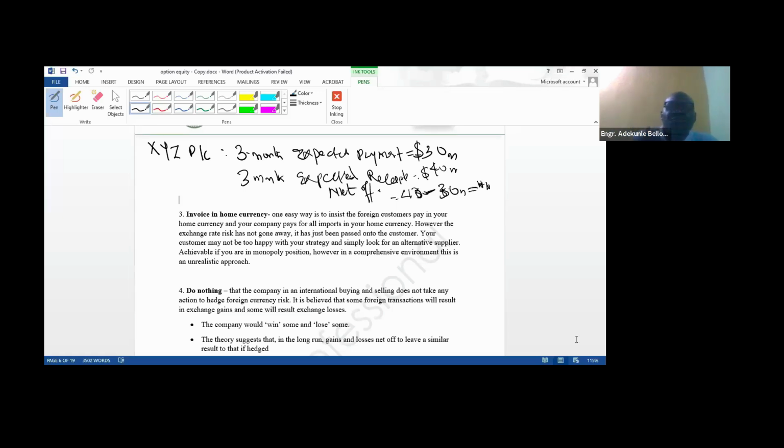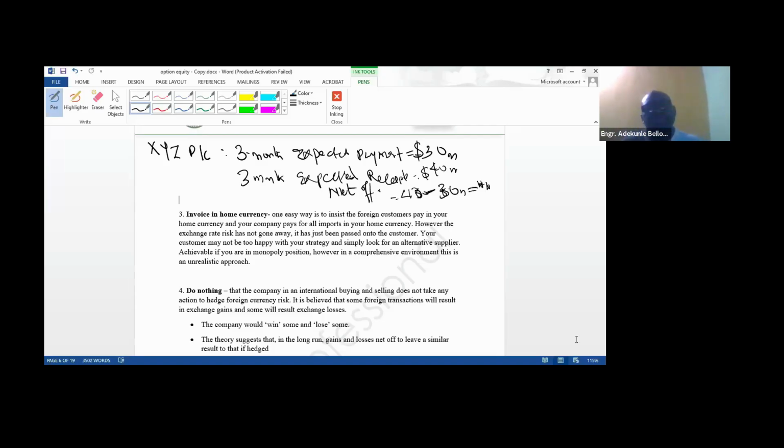One way of removing foreign currency risk is to invoice in home currency, meaning that you quote your invoice in your domestic currency. By so doing, we are going to eliminate foreign currency risk.